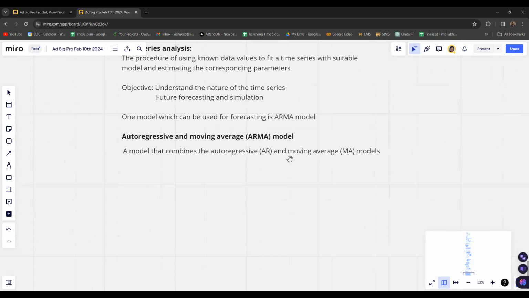So before talking about the ARMA model, we are first going to talk about the autoregressive model and the moving average model, to get a good idea about how they function, and then finally understand the ARMA model. So we are going to first talk about AR models. AR means autoregressive model.